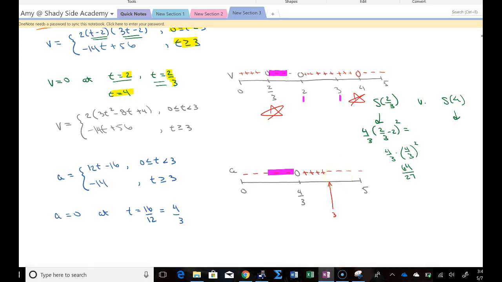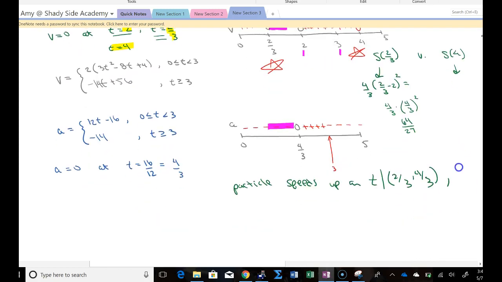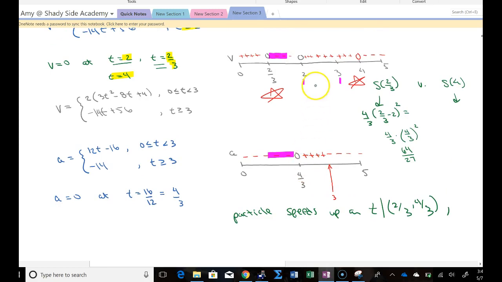So let's say the particle is speeding up on the following open intervals: from 2/3 to 4/3, and where else? From 2 to 3, and then also where else? It looks like both are negative again from 4 to 5. Those are the intervals of time when the particle's velocity and acceleration have the same sign.